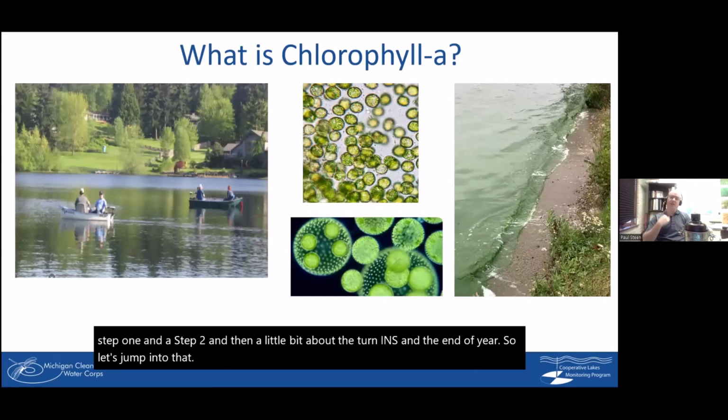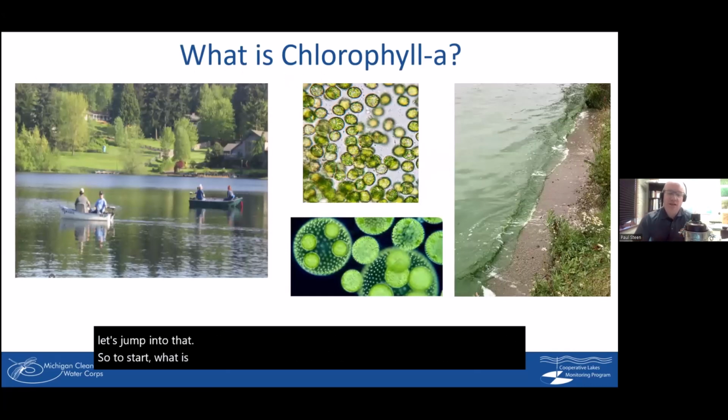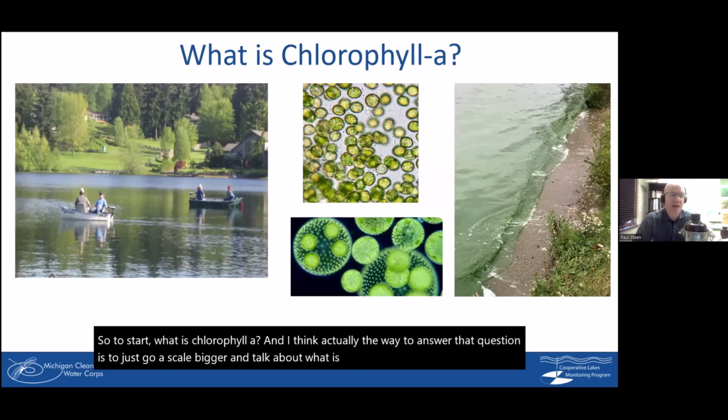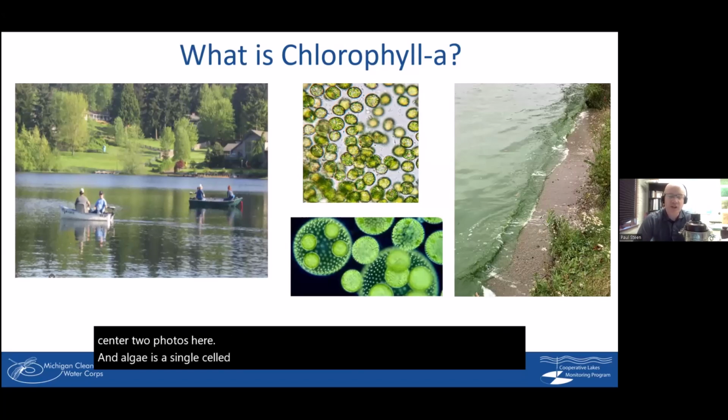So to start, what is Chlorophyll-a? I think the way to answer that question is to go a scale bigger and talk about what is algae. So that's what we have in the center 2 photos here. Algae is a single-celled organism. It occurs in all natural waters. It's the base of our food chain. It's what provides life into lakes.